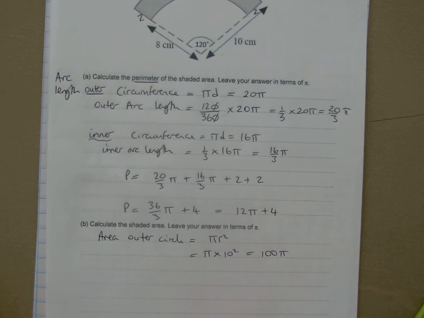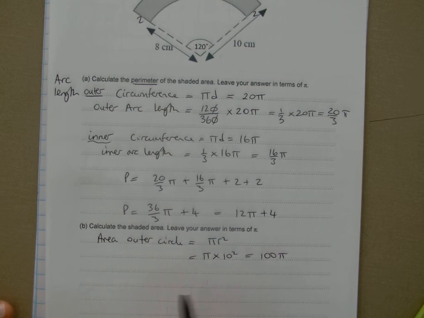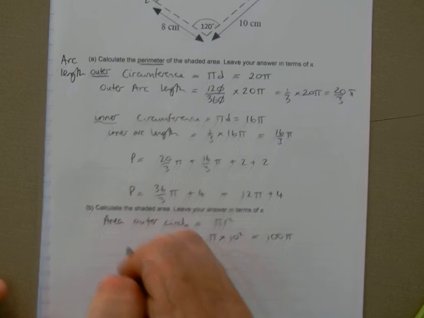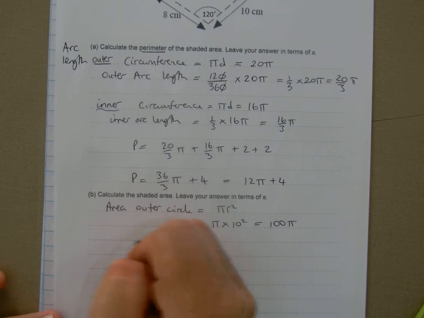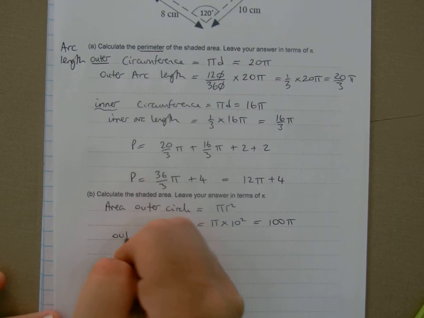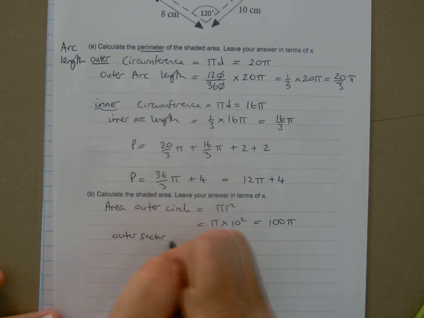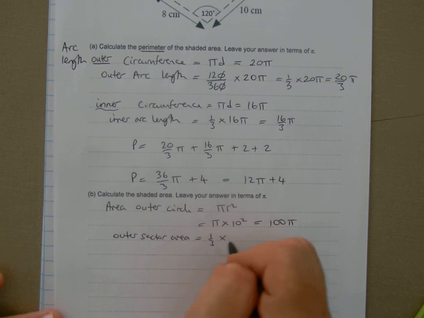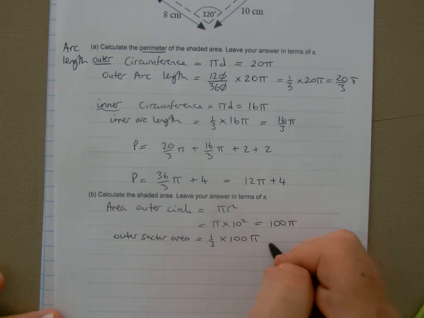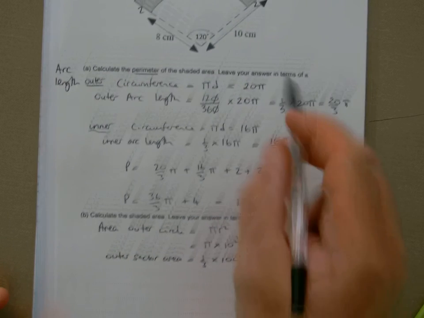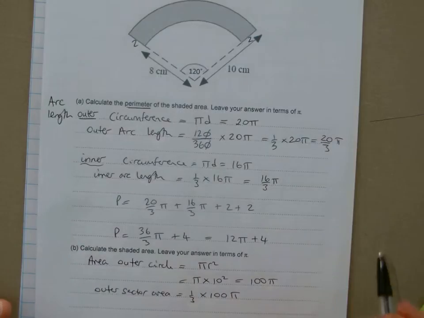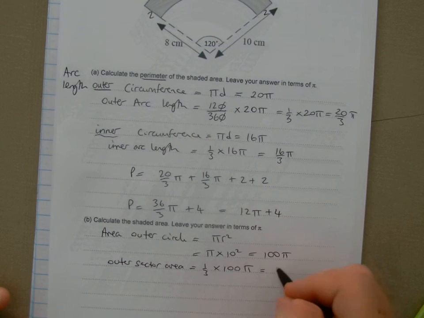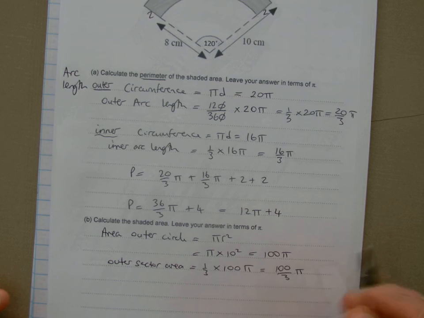Now remember, we only want a fraction, so we only want the sector. The outer sector area will be a third of this, so a third times 100 pi, because that was the fraction of the circle. That'd be 100 over 3 pi.